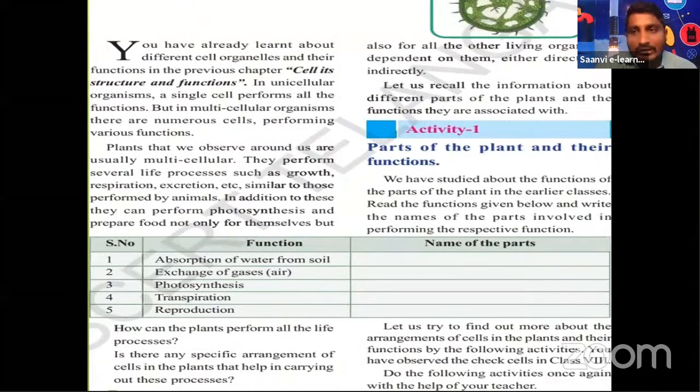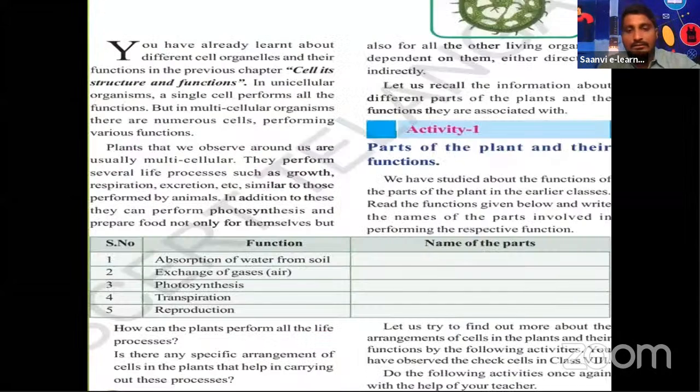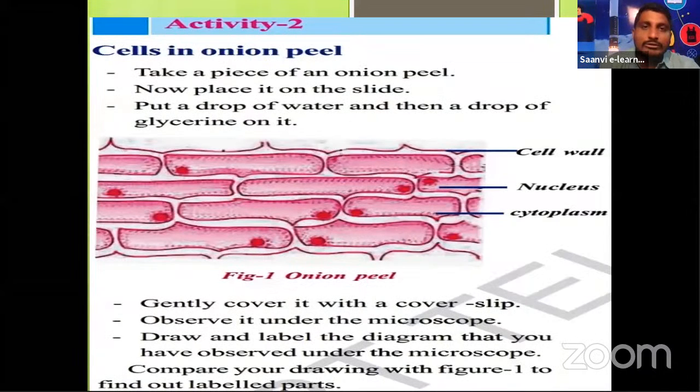So see here, today we are going to do activities. Okay, then here the activity 2, cells in onion peel.